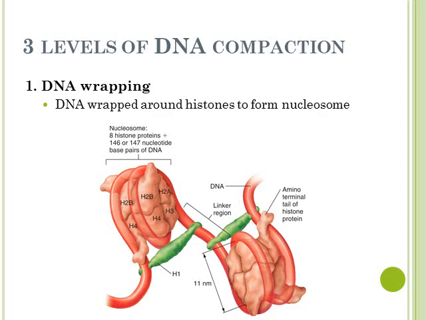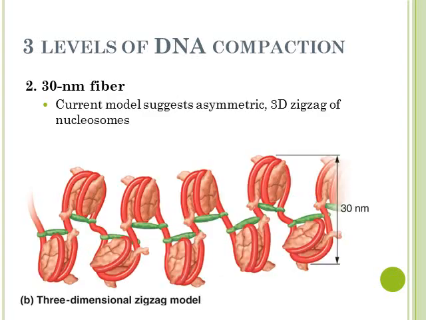And that DNA is anywhere from 146 to 147 nucleotides. So about 150 nucleotides get wrapped around 8 of these histone proteins. There's green linker proteins that help to hold that DNA onto the histones. And then this complex is called a nucleosome. So you get all this DNA wrapped around to form these nucleosomes.